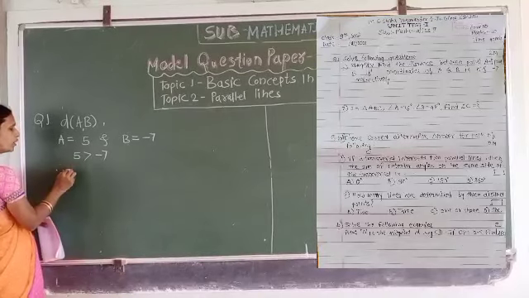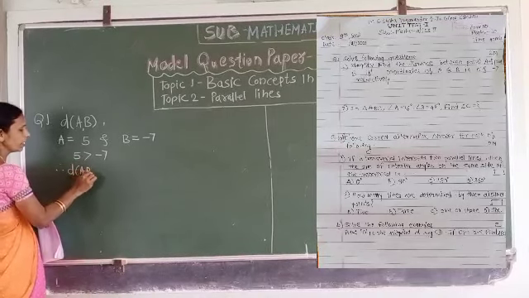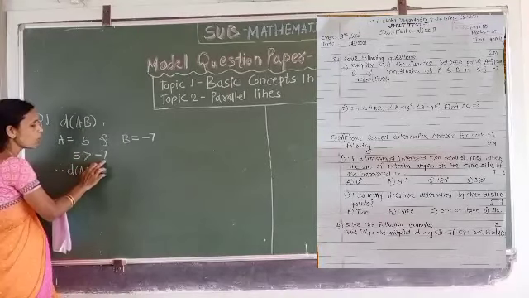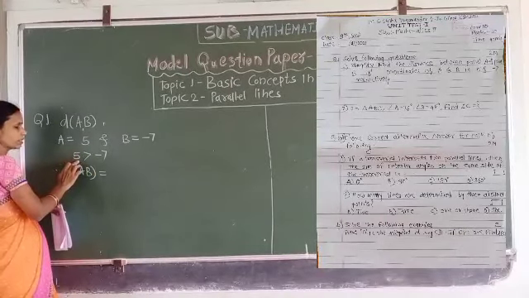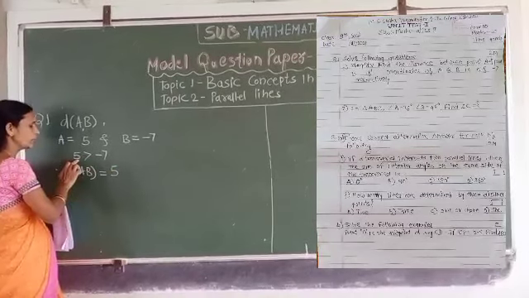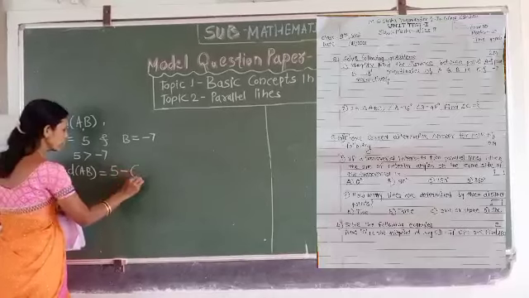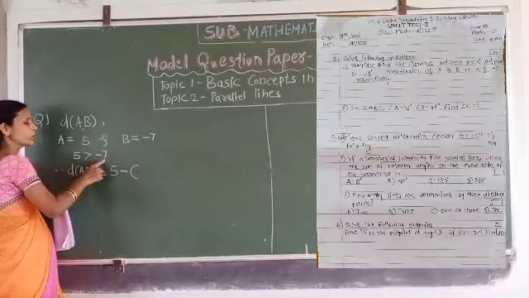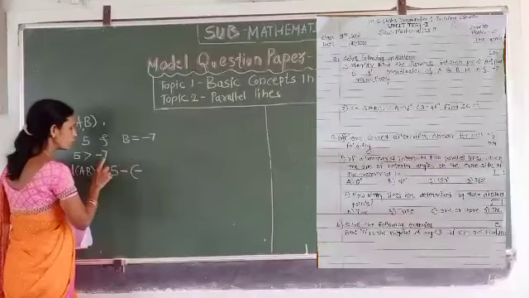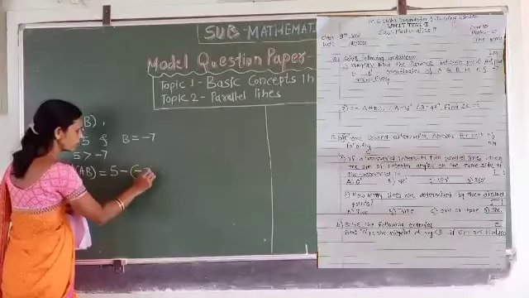Therefore, to find the distance between A and B, we subtract the smaller number from the greater number. So from 5, the coordinate of A, we subtract the coordinate of B, which is -7.